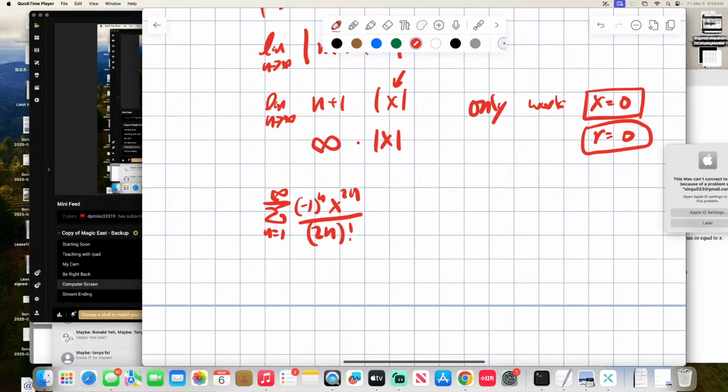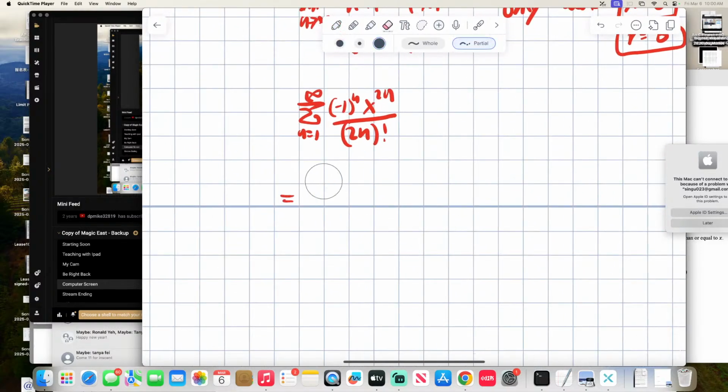This is sine and cosine and e to the x, and there's one more, which is natural log. Okay, so now let's try it.